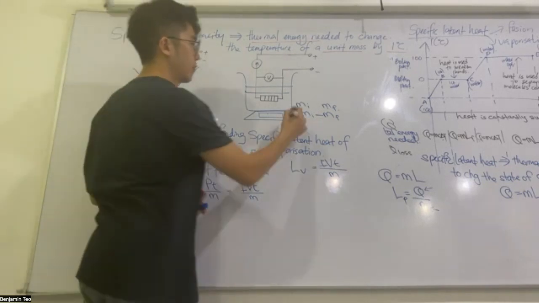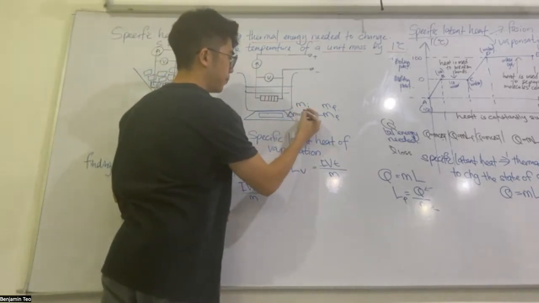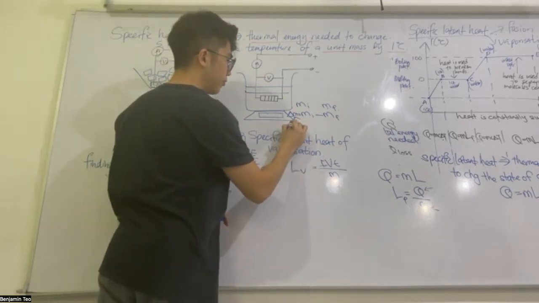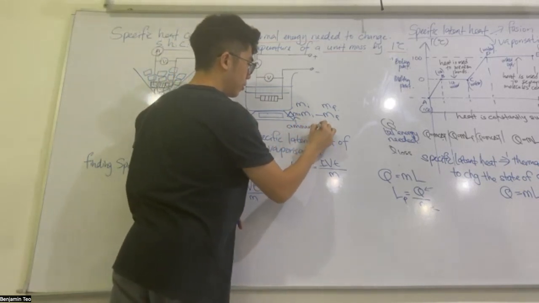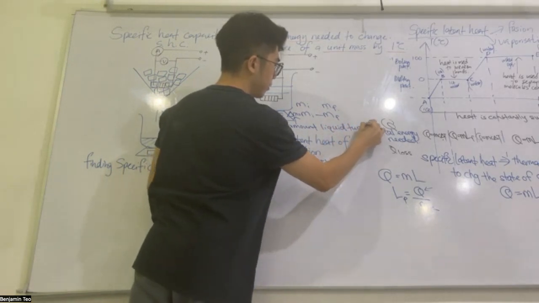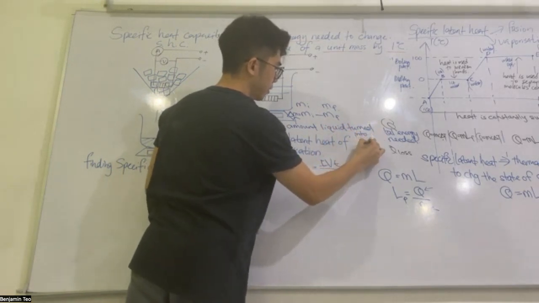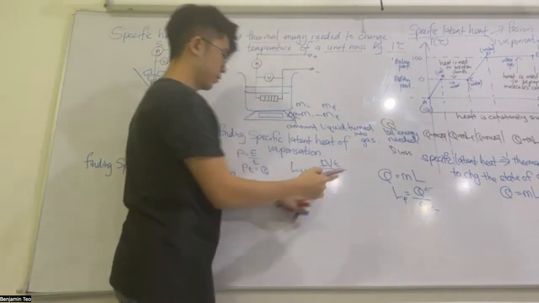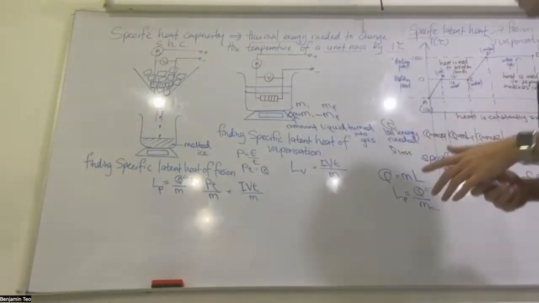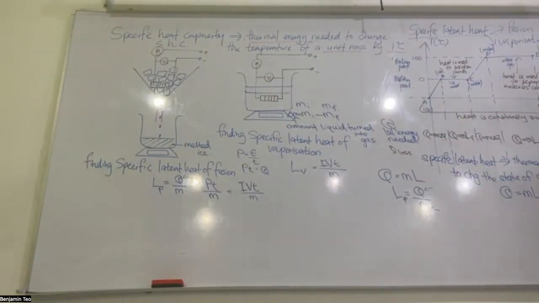So the delta m is the amount of liquid turned into gas. This is your vaporized liquid flowing here.